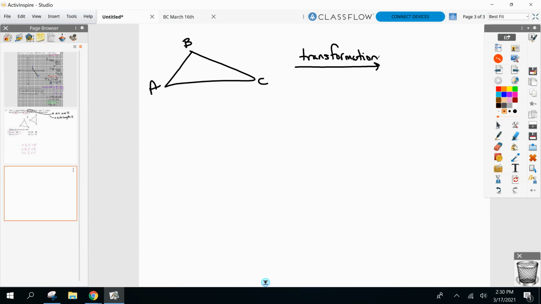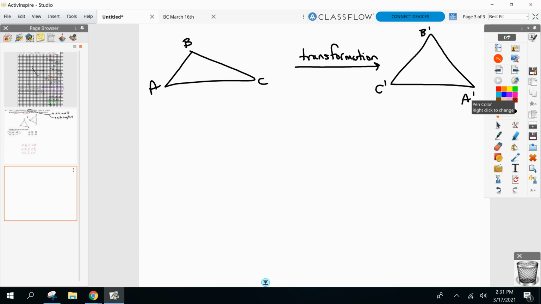And I end up with this triangle here. Let's see, C prime, B prime, A prime. From here, you have to decide what order you want to go in. I can go ABC, CBA, ACB, whatever order you want.